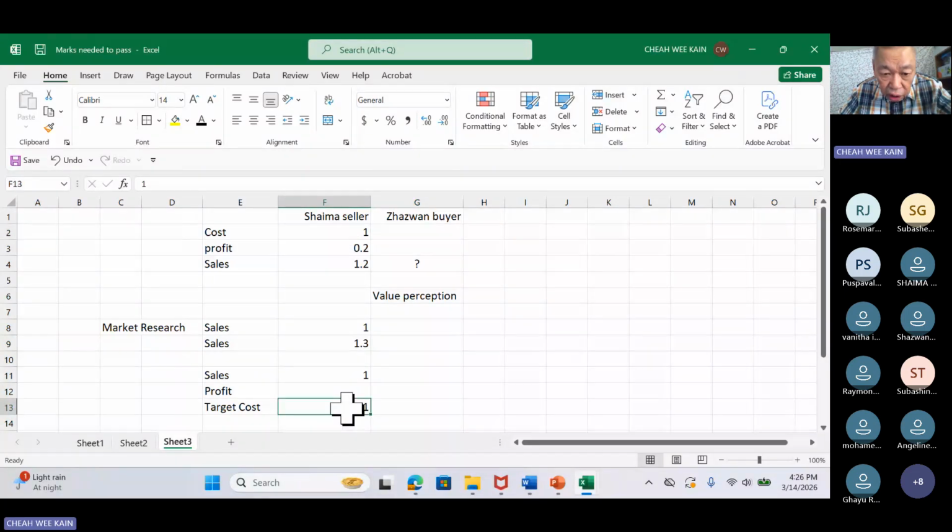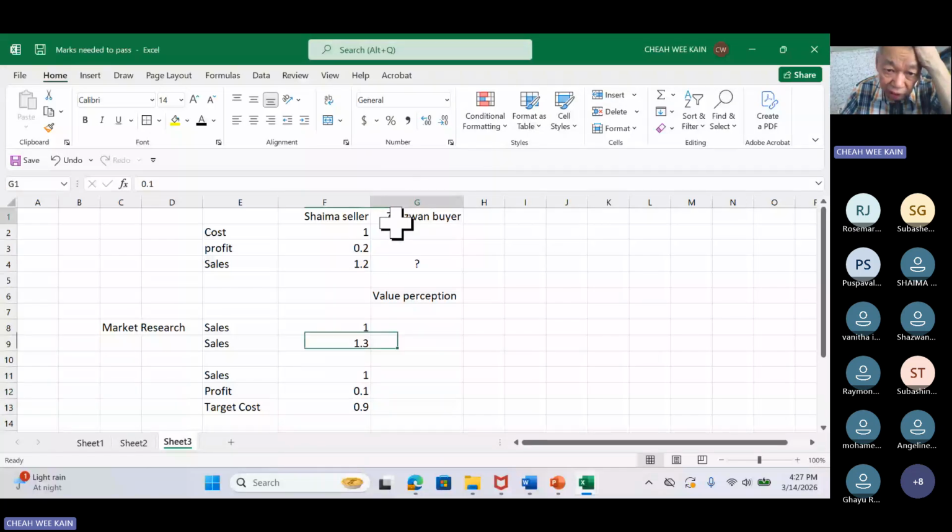So if you want to maintain at $1, you can only achieve 0.9, therefore your profit might not be 0.2, it must be 0.1.